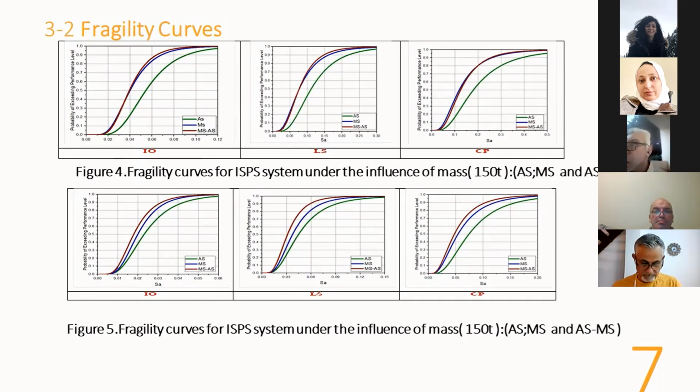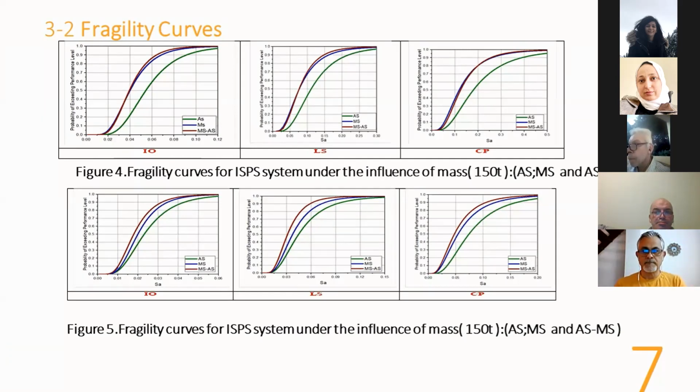The values of SA, 15%, of probability of damage of the ISPS system with the different damage states, IO, LS, CP.